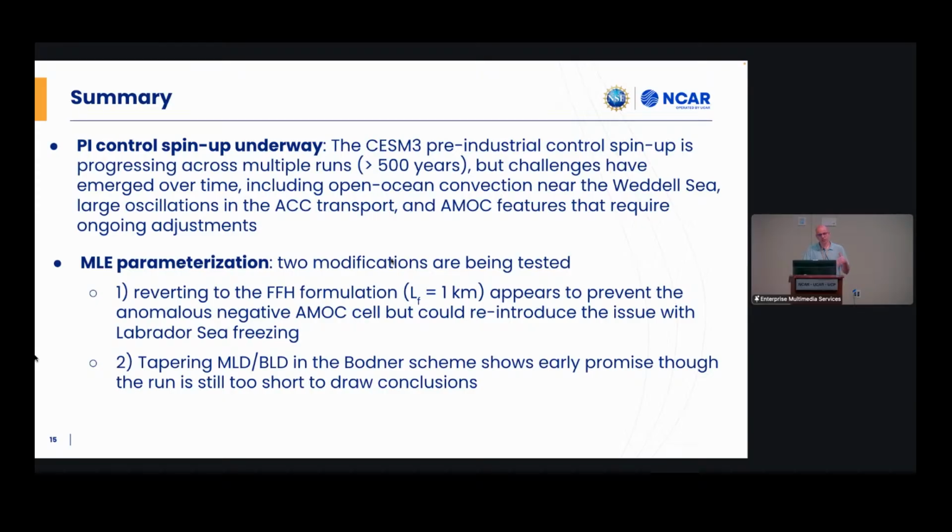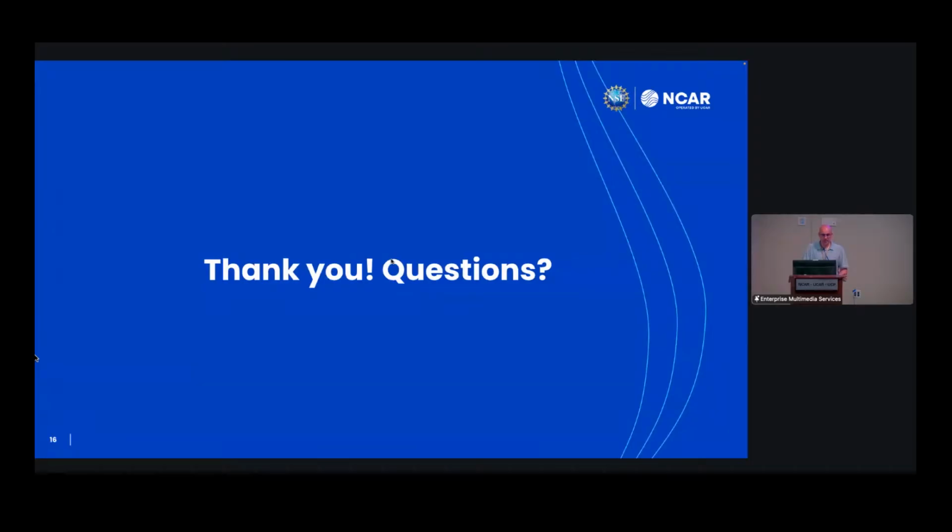We can still do additional things to avoid freezing, but as I showed, it is a big shock to the system because it has very different overturning than the Bodmer scheme. We also have the one with the taper that is less intrusive to the runs we have done so far and is showing promising results, but it's still too early to draw any conclusions. And with that, I'll take any questions, and thank you.